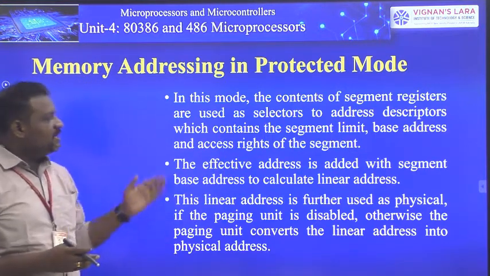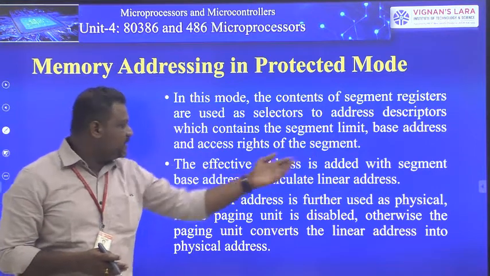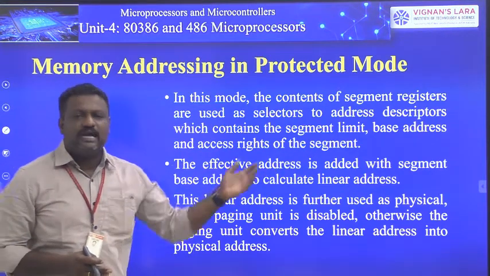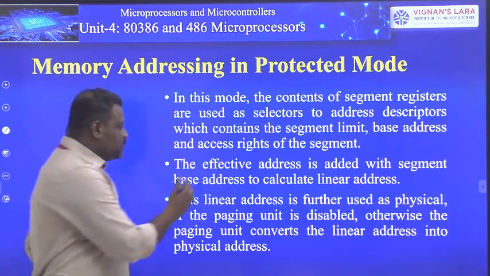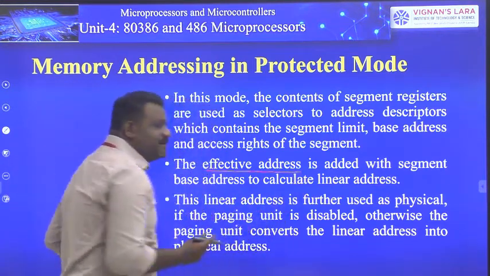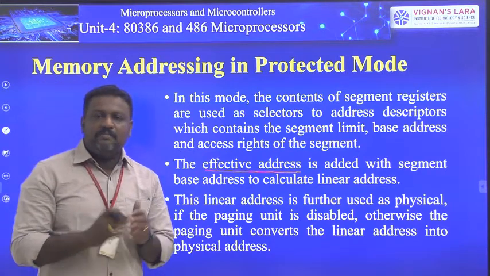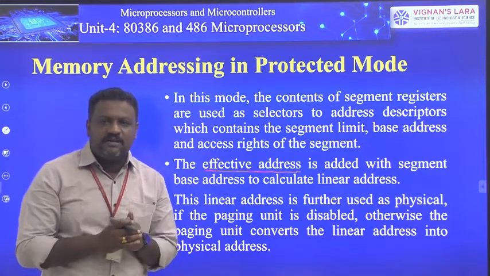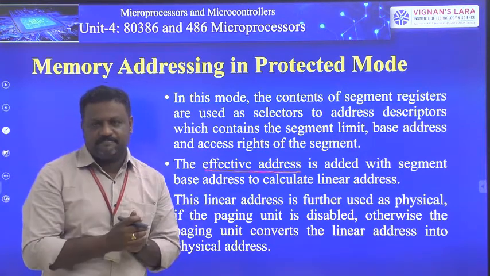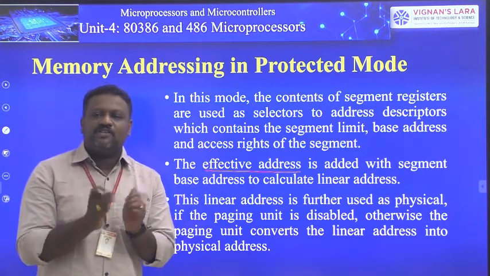Coming to the next, the effective address is added with the segment base address to calculate a linear address. What is this effective address? If you remember the addressing modes concept, the effective address is nothing but the final offset address of an operand.